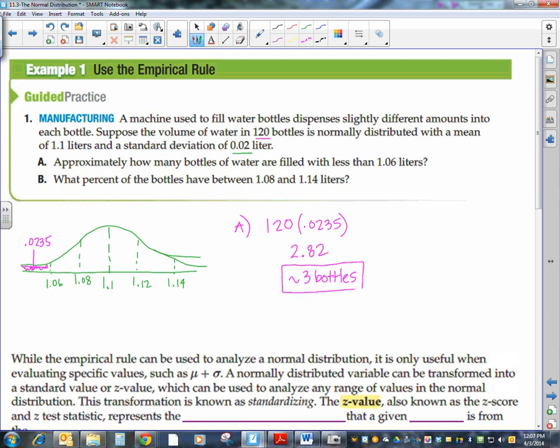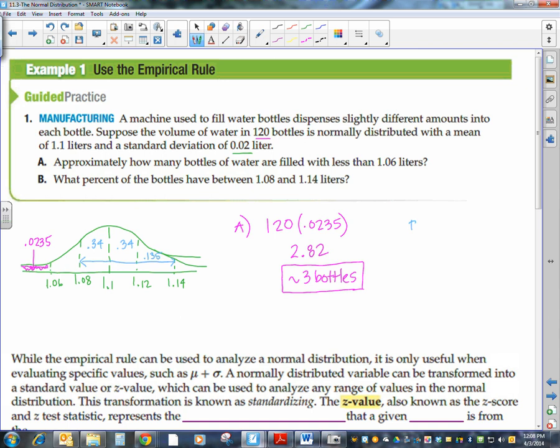All right. And the second part says what percent of the bottles have between 1.08 and 1.14. So that means they're asking us for what is between 1.08 and 1.14. So remember this is 0.34, 0.34, and this is 0.135.